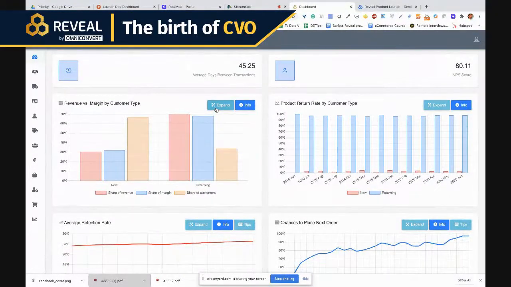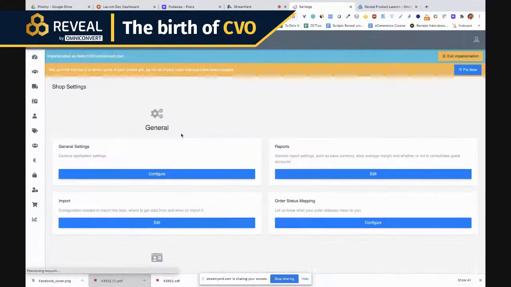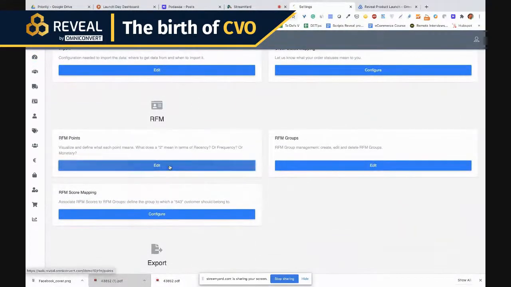Instantly after I implement Omniconvert Reveal on your Shopify, which takes anywhere from 10 minutes to 10 hours, depending on how much data you have according to the number of requests from Shopify, you'll be seeing this kind of data, like the average days between transactions, the revenue and margin by customer type, and the product return rate.